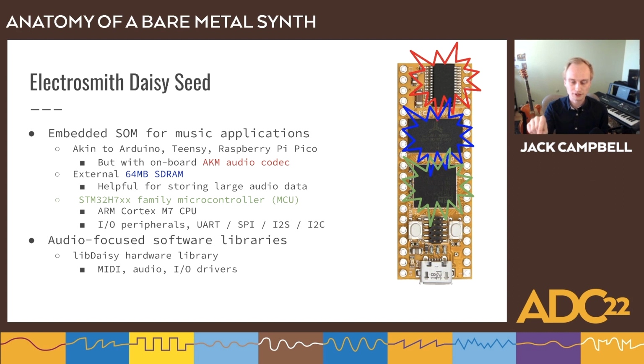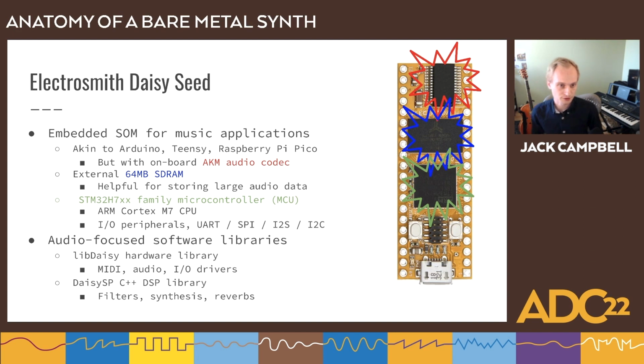Much of this talk will be digging into libDaisy and seeing how it's doing what it's doing. Less of this talk will be going into the DSP library, but I do want to mention it. This is not a DSP talk necessarily, really at all. We talk a little bit about how the audio is created, but it's not the focus of this talk.